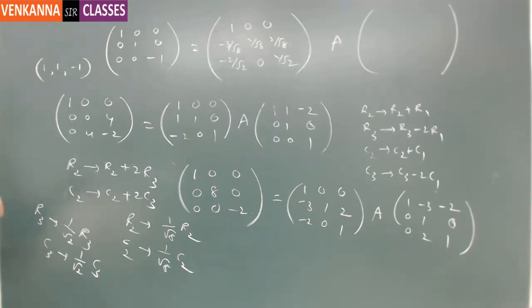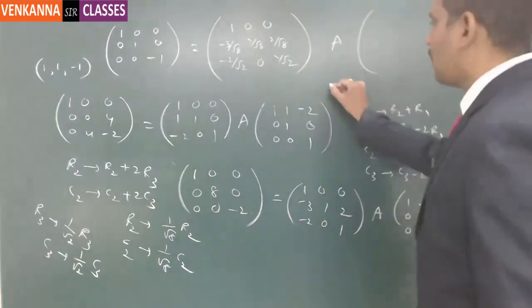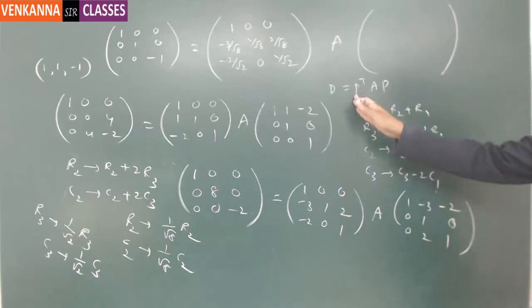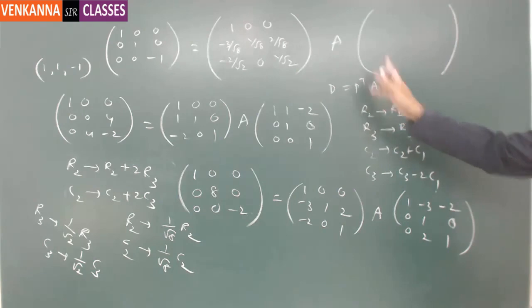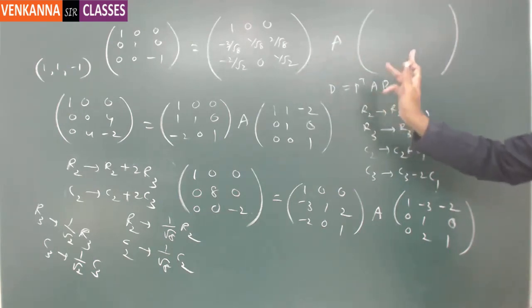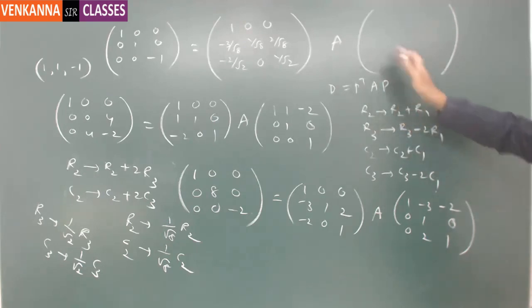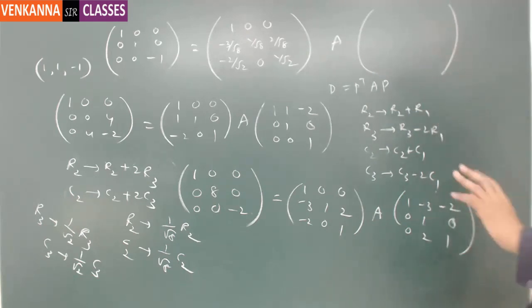We apply row and column operations both on the left side, but on the right side we apply only row operations, we skip column operations. Why are you skipping the column operations? Because if you have D equal to P transpose AP, the transpose of the matrix will appear here. So in order to take two operations at once, you stick to one operation, you skip the other, and taking the transpose of one matrix gives the other. So that is the technique of the augmented matrix.